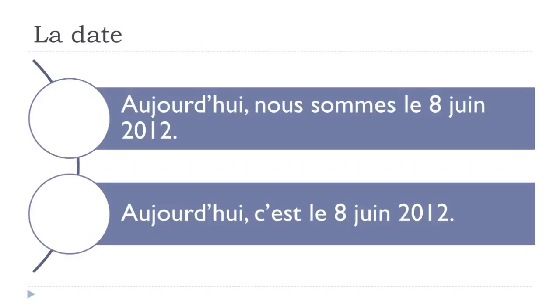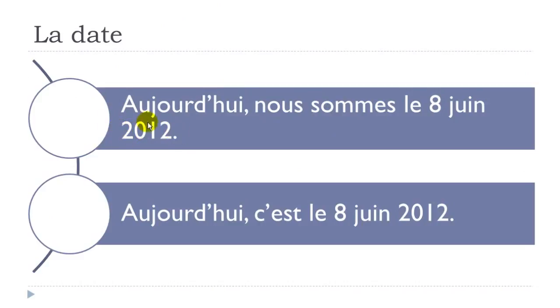And then, the last thing for this lesson, if you want to introduce the dates, so if you want to tell what day it is today: aujourd'hui means today. Nous sommes, so we use the verb to be, we are, nous sommes, le 8 juin 2012.